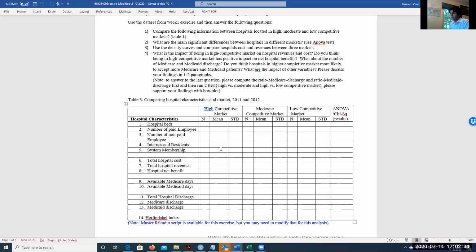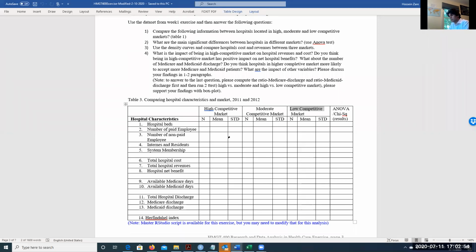Exercise 3 has four columns actually. The first column is the high competitive market, the second is moderate, and the third is low competitive market. I'm sure you know how to compute the N, mean, and standard deviation. It's very similar to exercises 1 and 2, so I'm not going to explain that.